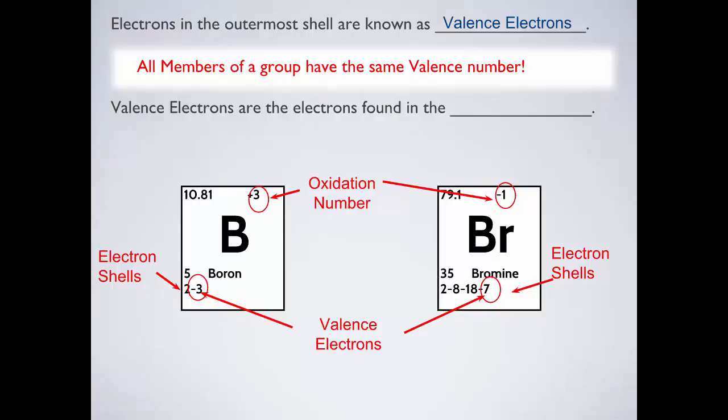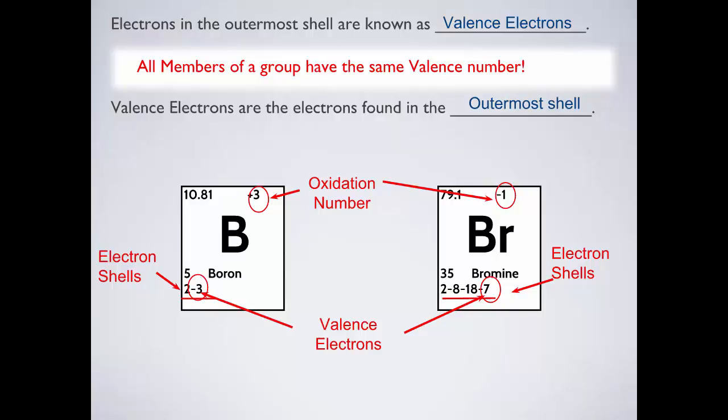Everything in group 1, how many outer electrons do they have? 1. They all have 1. Everything in group 2, how many do they have? 2. So elements in the same group generally have the same number of valence electrons. There are some exceptions. Okay, so they're found in the outermost shell.